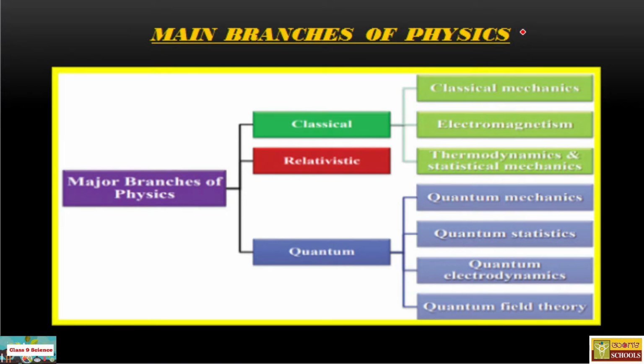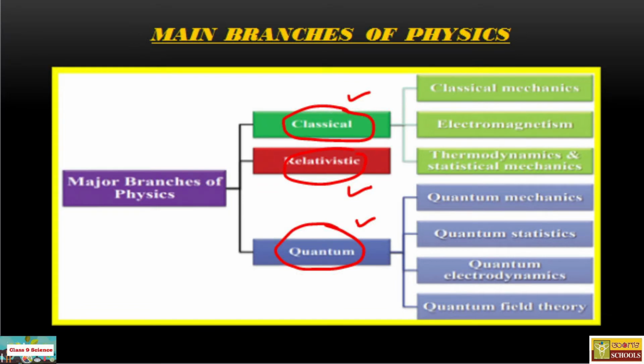They are classical physics, relativistic physics, and quantum physics. There are so many branches present in physics, but the major branches are classical physics, relativistic physics, and quantum physics.